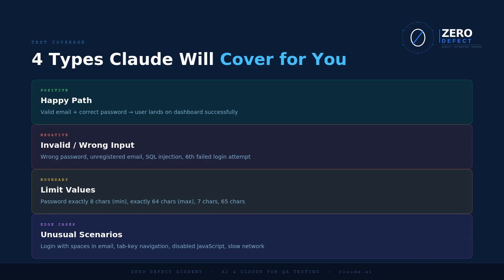Boundary tests are about limits. What's the minimum password length, what's the maximum, and what happens at exactly those limits. And edge cases cover the unusual stuff that falls between the cracks. Spaces in an email address, using the tab key to navigate, or logging in on a slow connection. Claude will cover all 4 automatically if you ask for them, which is exactly what our prompt does.